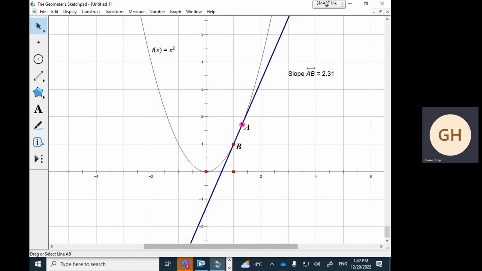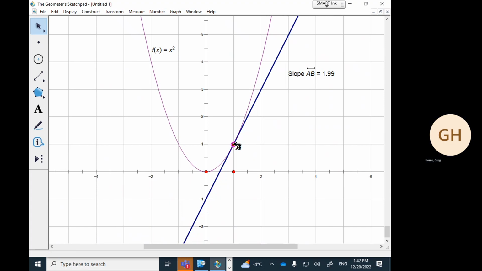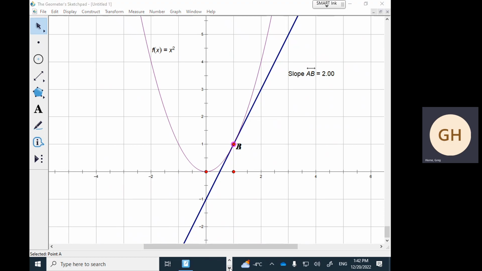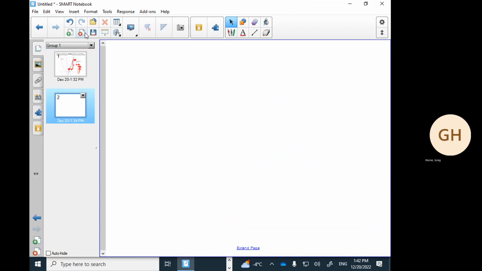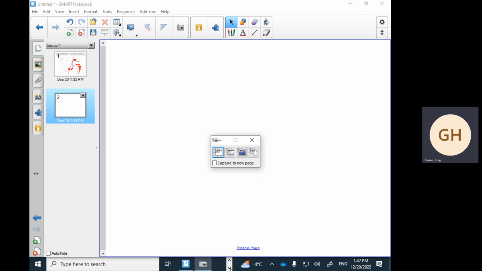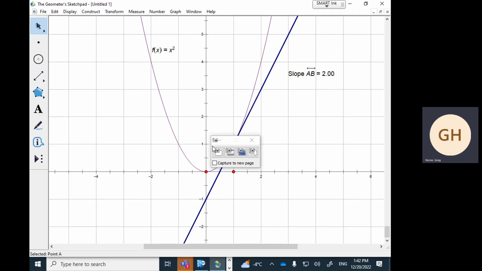The problem, of course, is that if you really want to look at the slope of the tangent itself, let's make a picture of that for the book lesson. So the issue is, bear with me for a second here.